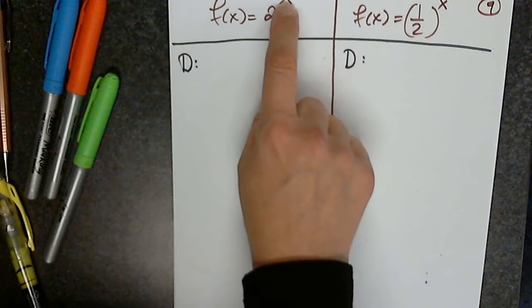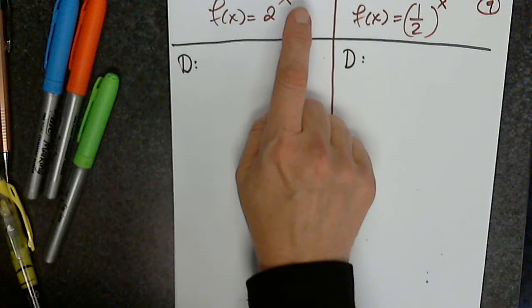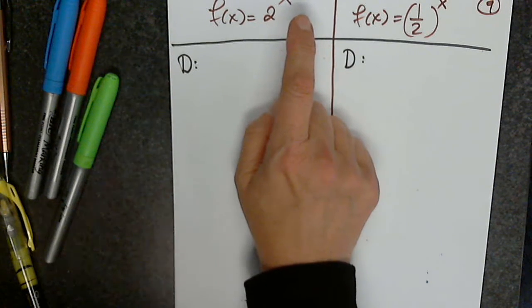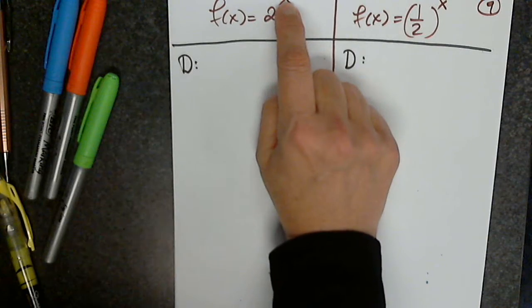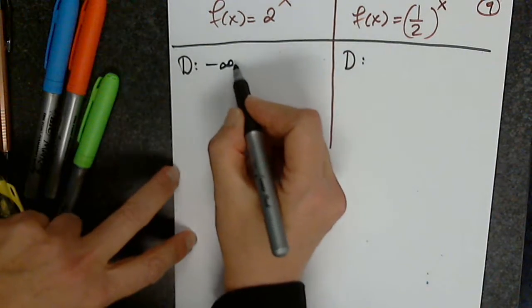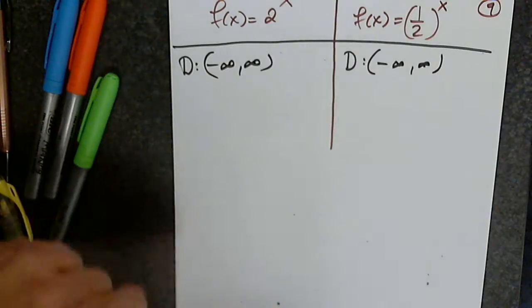Can I put here negative 2? Yes, 2 raised to negative 2 is 1 over 2 squared, which is 1 over 4. Can I put 5 in here? So what is the domain of this function? All real numbers. Very friendly function, no problem there. The same thing on both sides.